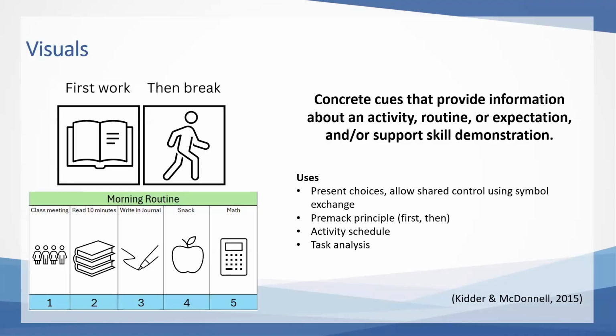In addition, visuals can be used for daily schedules, which outline routines and help students know what to expect next. This can make transitions much smoother and reduce anxiety. And for more complex tasks, we can use something like a task analysis, which breaks down a skill into smaller, manageable steps, like all the steps involved in washing their hands.